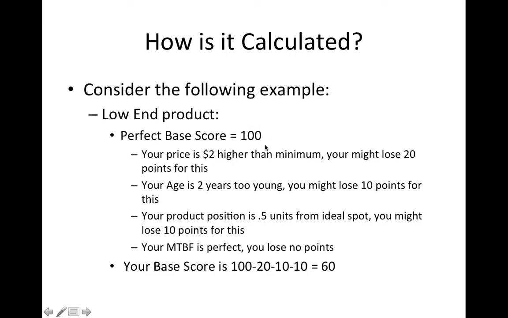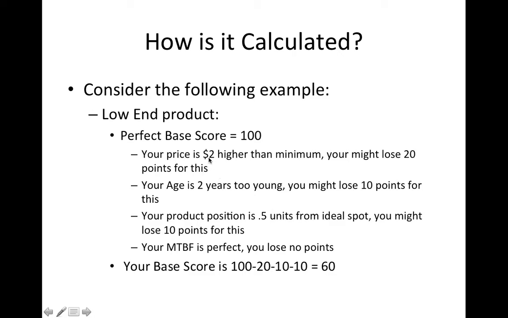So you went from 100 down to 80 just because of that. And then of course, the age, it wants 7 years in the low end. You've only got an age of 5 years, you might lose 10 points for that. Age is an important criteria, but quite frankly, the way that CapSim looks at it, for the low end, that's just not as big a deal.